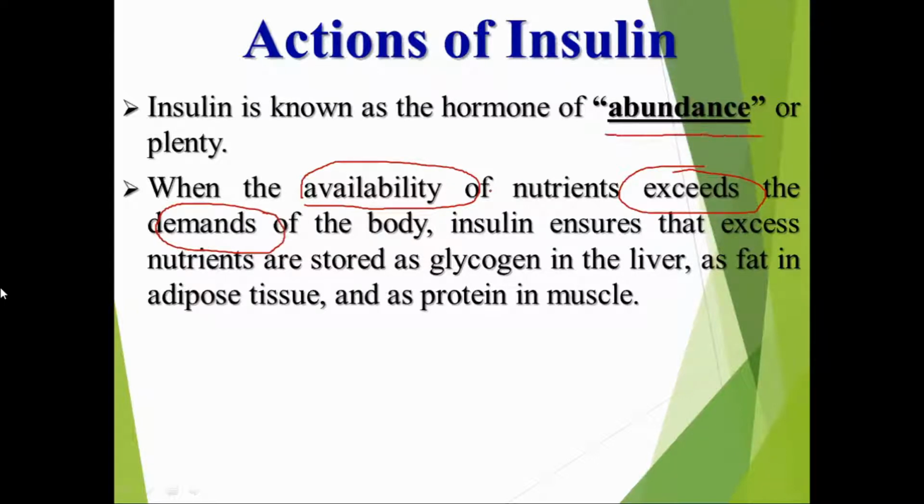So this term abundance is used when nutrients are available in abundant quantity. Insulin ensures that excess nutrients are stored as glycogen in the liver, and as protein in muscle.